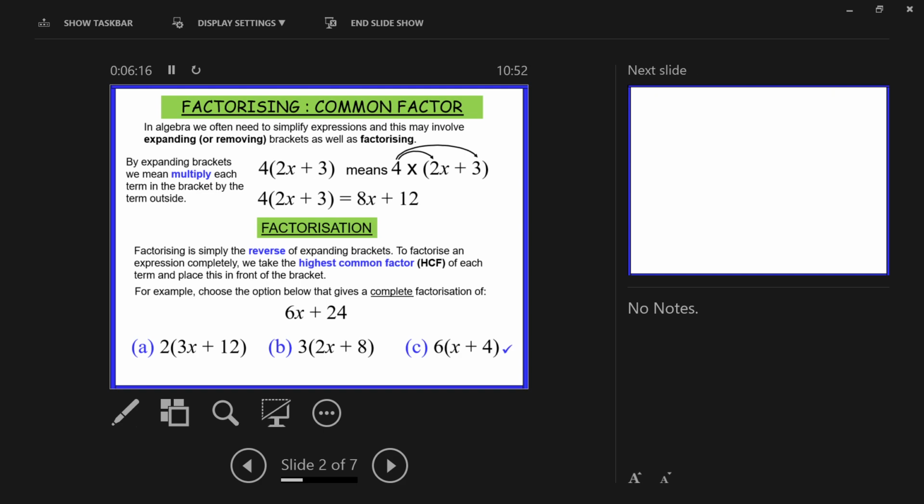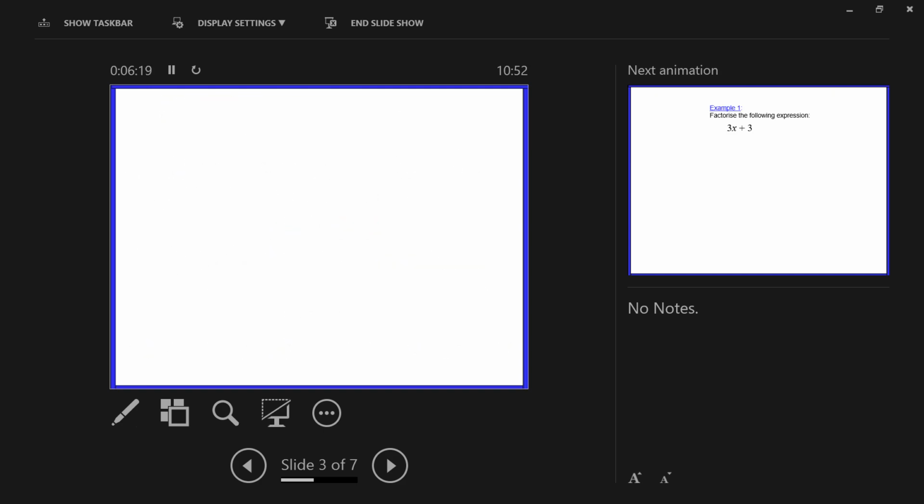Right. Now we're saying factorize the following expression. So what is the highest common factor? What's the highest number that can go in? Remember, we want the highest one. You saw now sometimes we have multiple numbers that also go in there, but we always want to take the highest common factor. It would be 3.